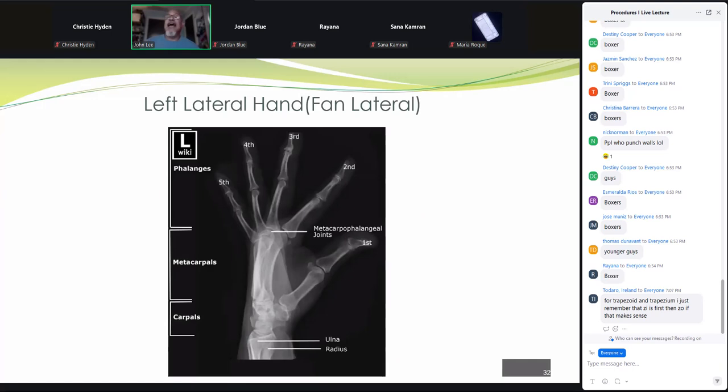For the fan lateral, which we use when the patient has a history of trauma, okay, we're looking for fractures with the fan lateral position. If we do an extension lateral, we're looking for foreign objects. So here, we're not going to be able to get all of the metacarpals completely superimposed.